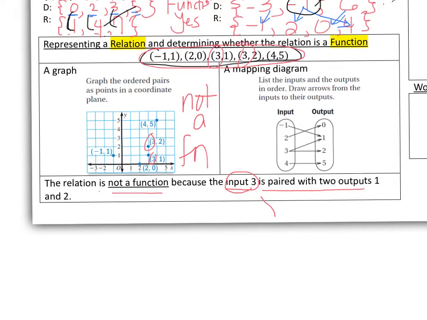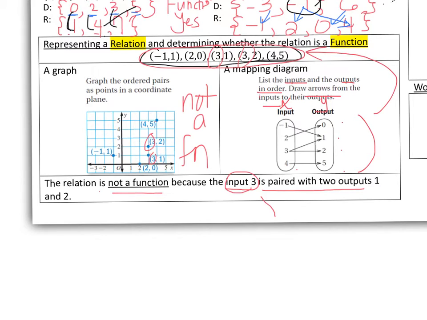I would also like to show you how to draw the mapping diagram. So you list the inputs and the outputs in order and draw the arrows from the inputs to their outputs. So X and Y. You list all the inputs, negative 1, 2, 3, and 4 in the left-hand column, and then 0, 1, 2, 5 in the right-hand column. All these points come from this relation.